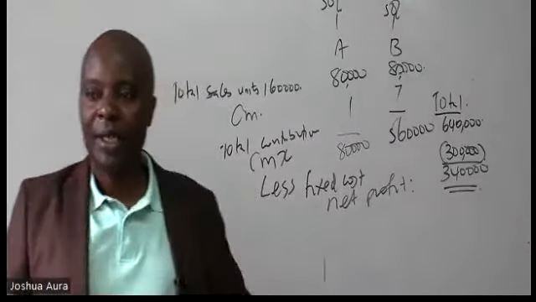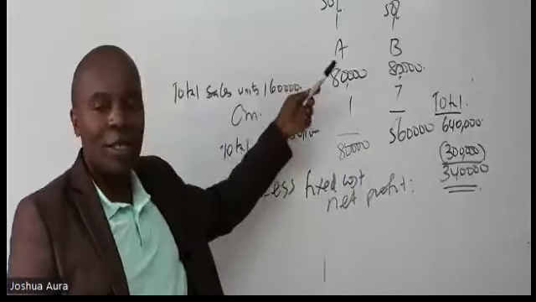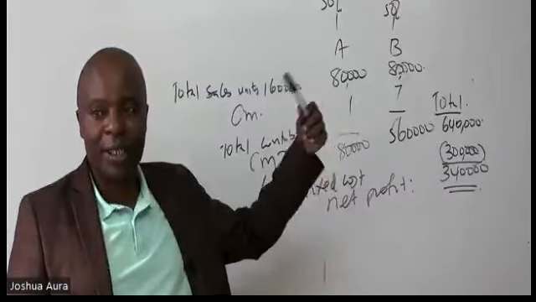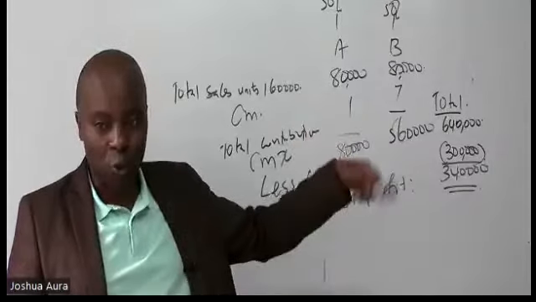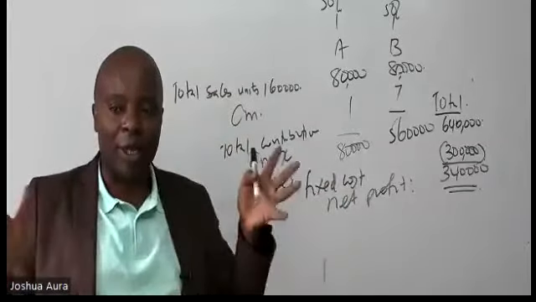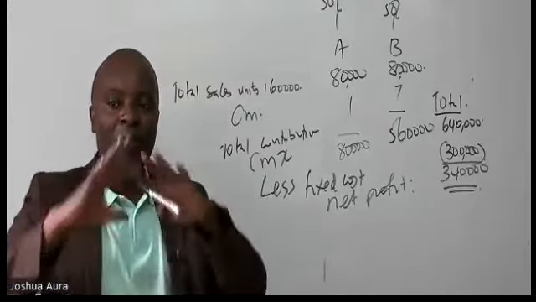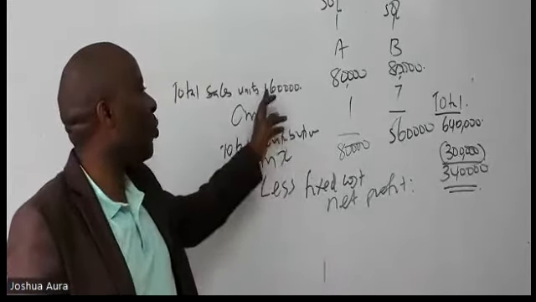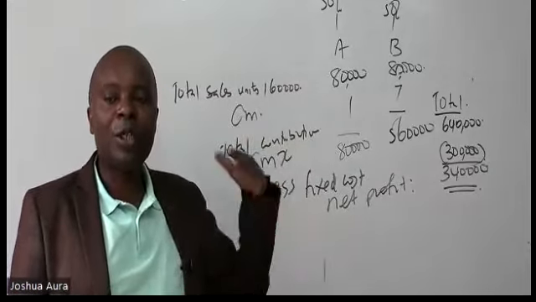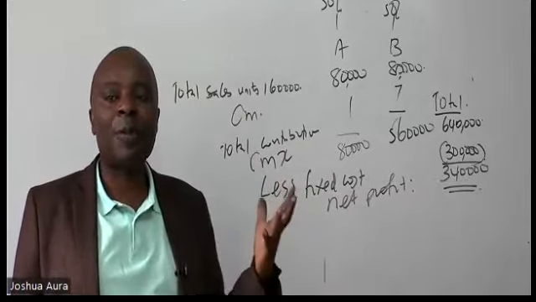From the start, remember they've told us that we are changing our sales mix to 1:1. So first of all, I combined all the products together. A is 120,000, B is 40,000. If I add the two, I get 160,000, which I now redistribute using the 1:1 ratio. 1:1 means equal, so 50%, 50%.